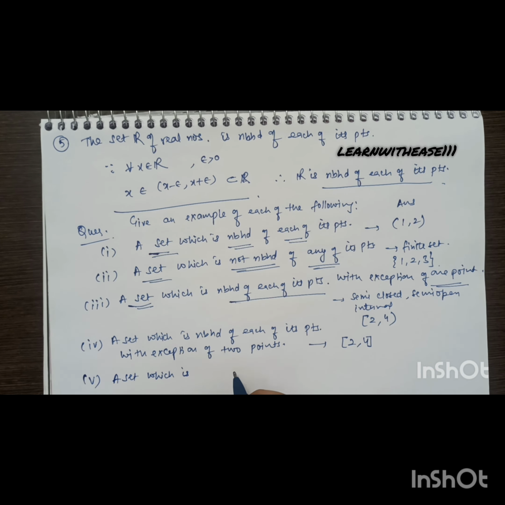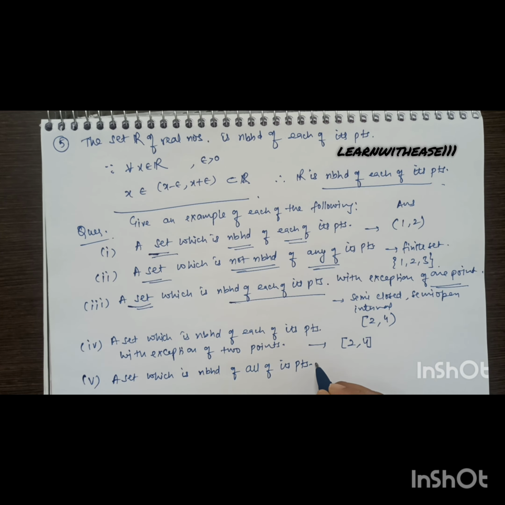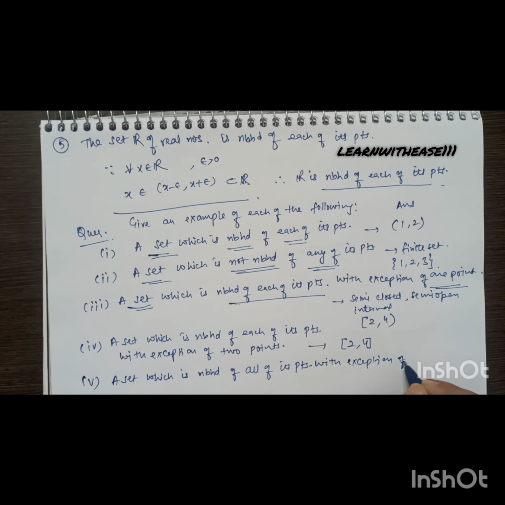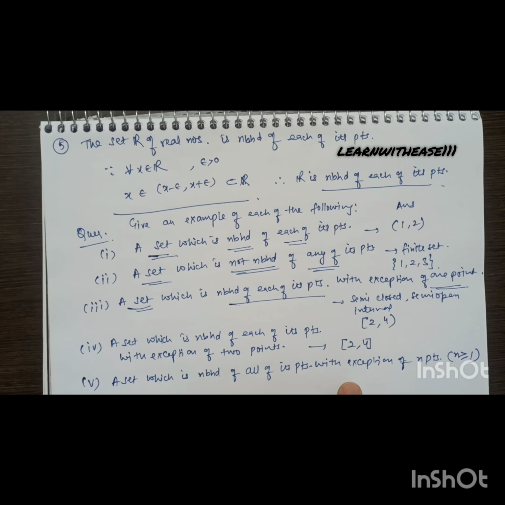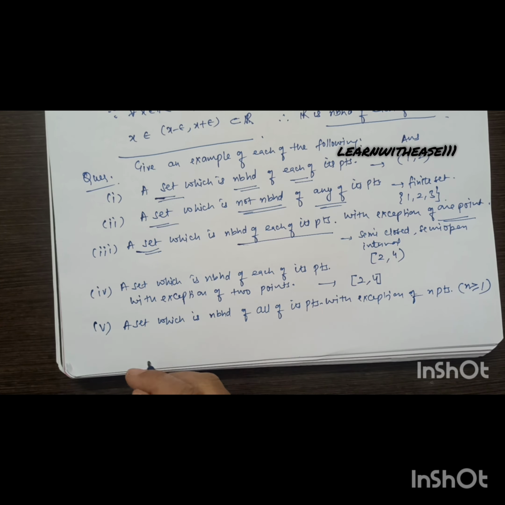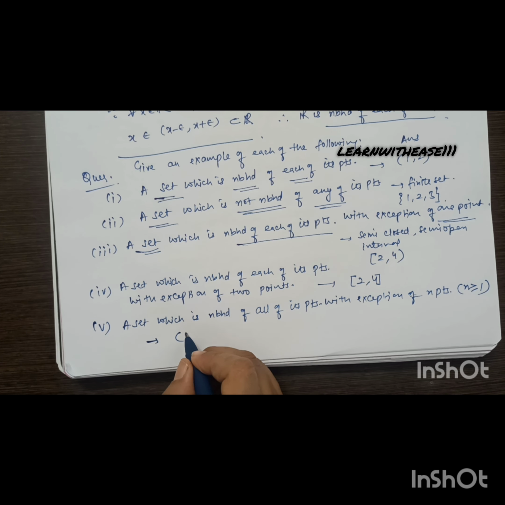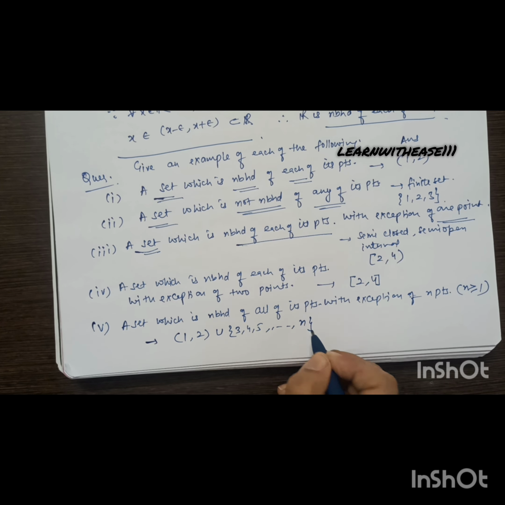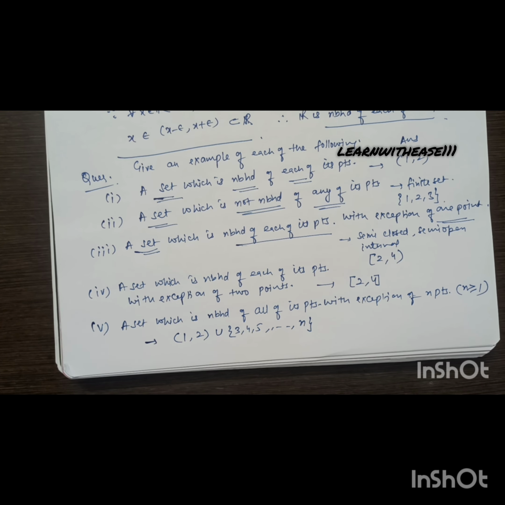Last is a set which is a neighborhood of each of its points except n points. Now you need to remove n points from the collection which are not in the neighborhood. So for this we'll take the n points as a finite set. I'm choosing an open interval, which is a neighborhood of each of its points, union with the finite set, and no element of that finite set will be in the neighborhood of that set.